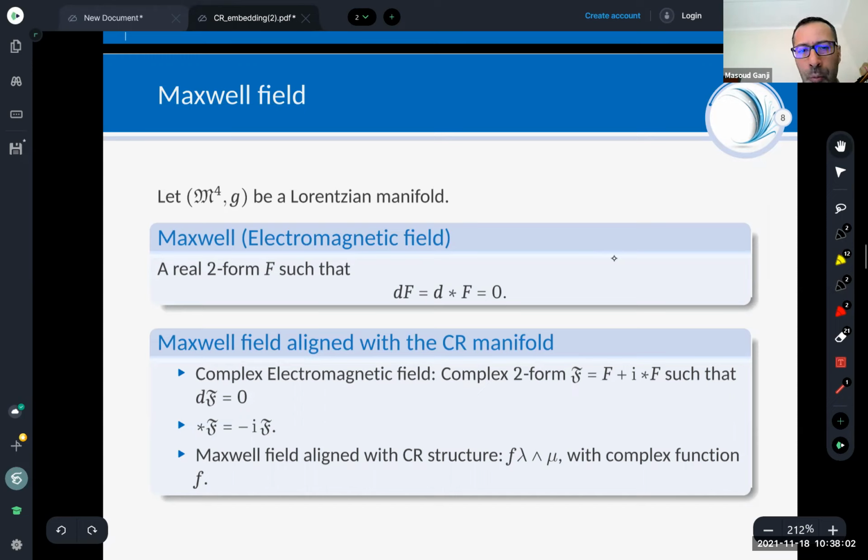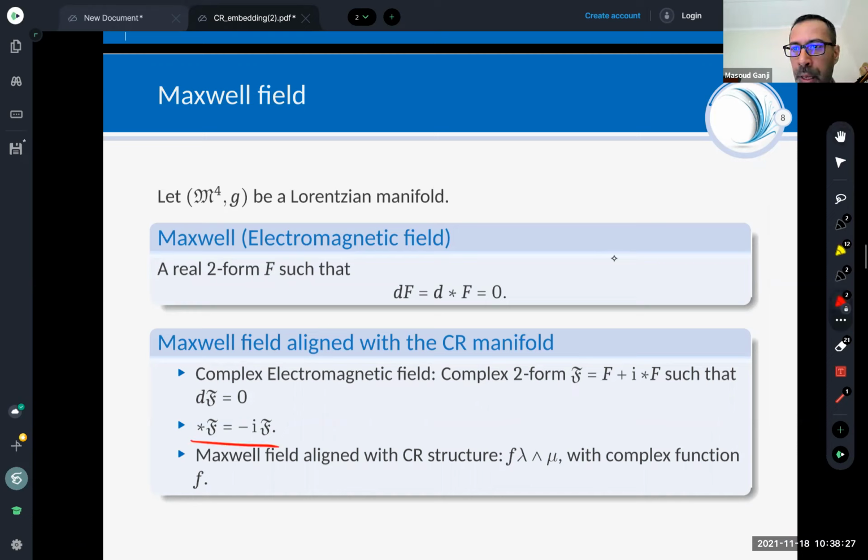In the complex case, following Nurowski, F times Hodge star of F has this property, of course, because of these two conditions. The Hodge star of the complex electromagnetic field is minus I times F.